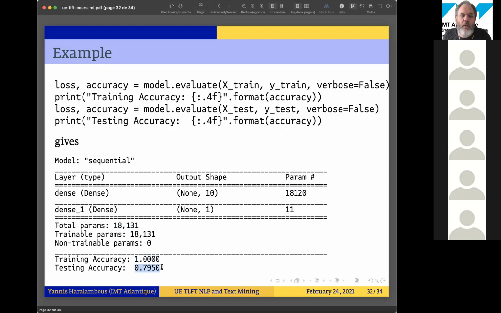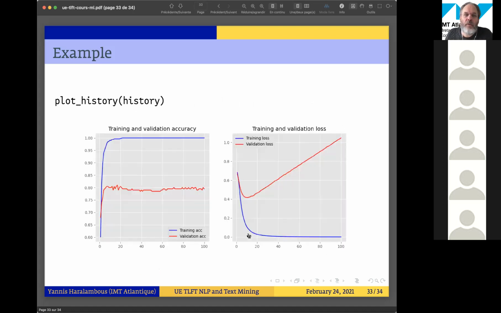And the testing accuracy, it's a bit lower than what we got in the logistic regression, but it's still comparable. It's still around 80%. And of course, this is a very simple network, and we don't expect to have great results with this network, especially since we are using only 10 intermediate neurons.